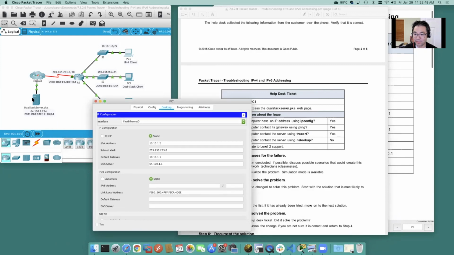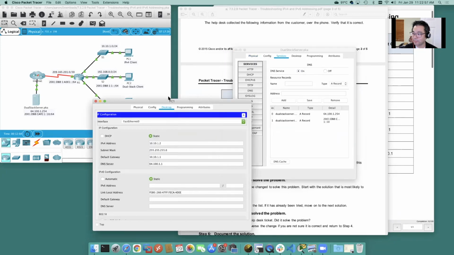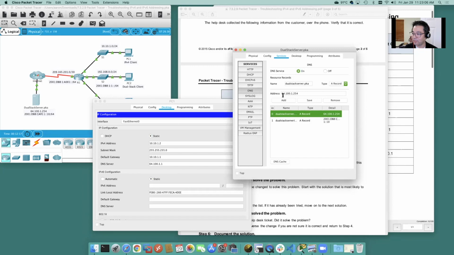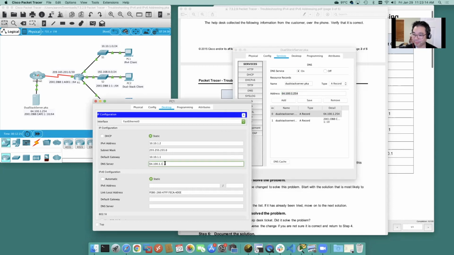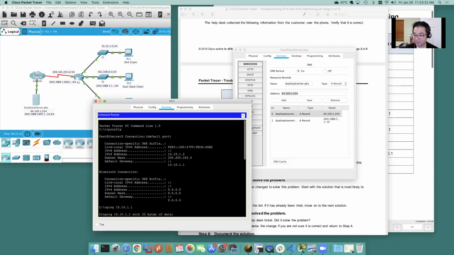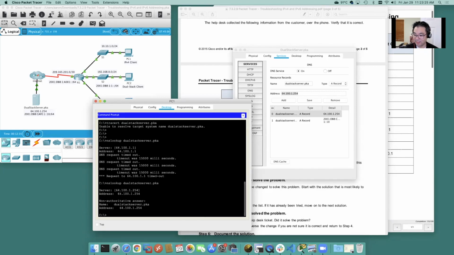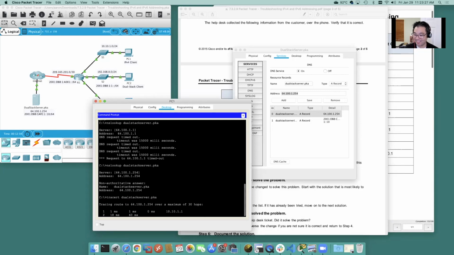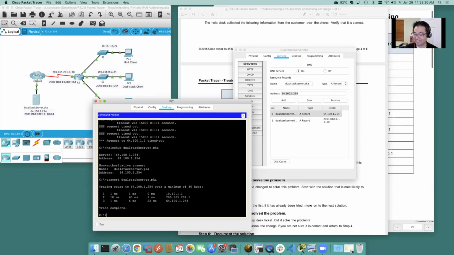Okay, my guess is DNS, but let's see here. What should the DNS server be? The dual stack server for the A record for IPv4 is 64.100.254, and as we can see here, that's a little off. 254. Okay, try it again. Hey, cool. That was it.